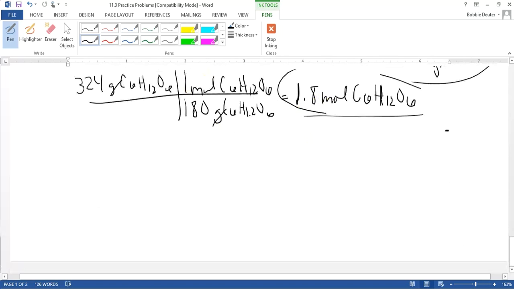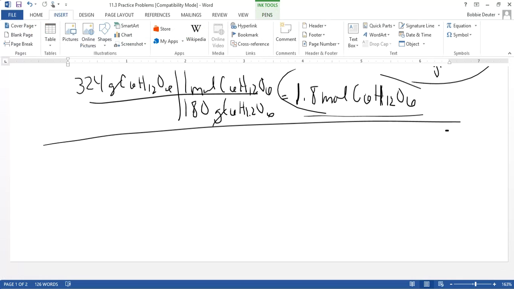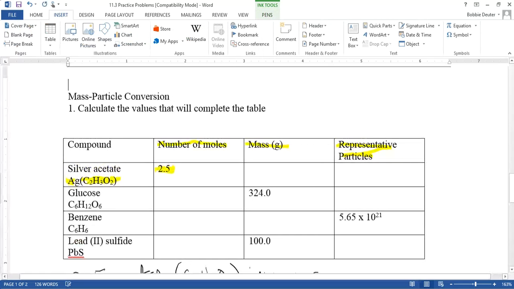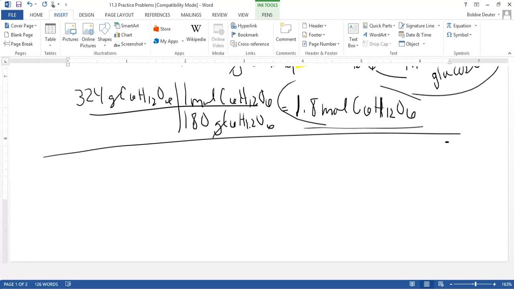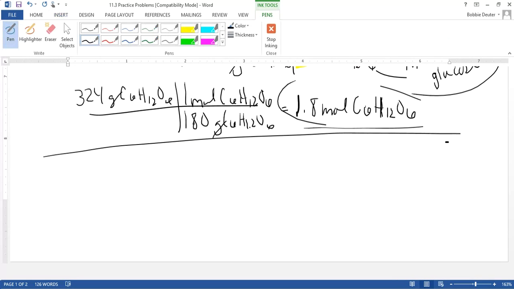Okay, so let's go on to our benzene. So in this case, we are given our representative particles of benzene.